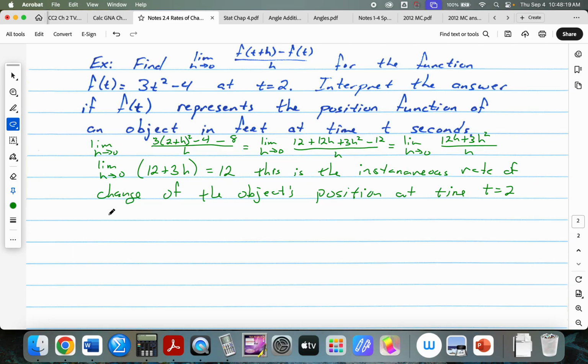Okay? So the velocity of the object is 12 feet per second at time t is equal to 2 seconds.